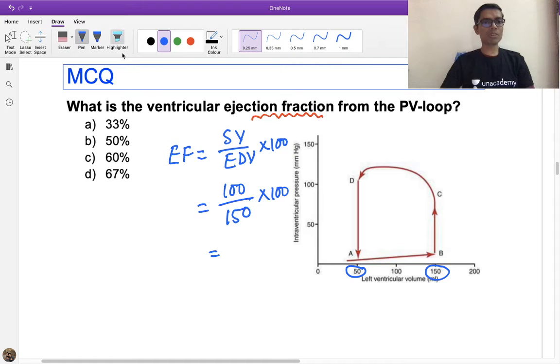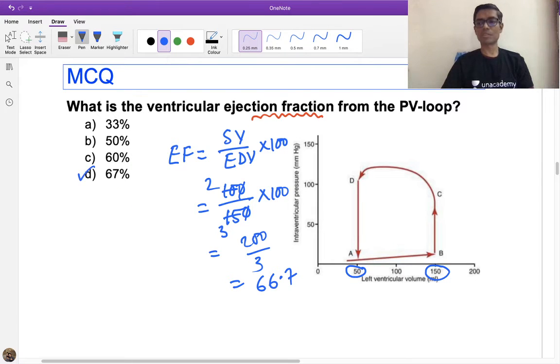Stroke volume we have calculated already, 100 upon 150 is the end diastolic volume, multiplied by 100. So 100 upon 150 multiplied by 100 is 200 upon 3. So how much? 66.7%.